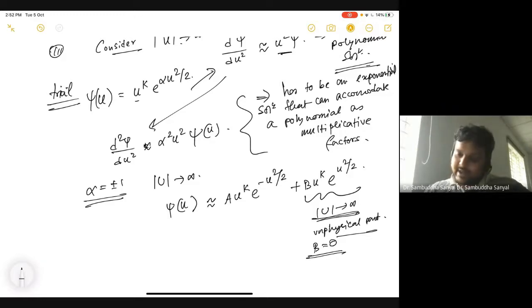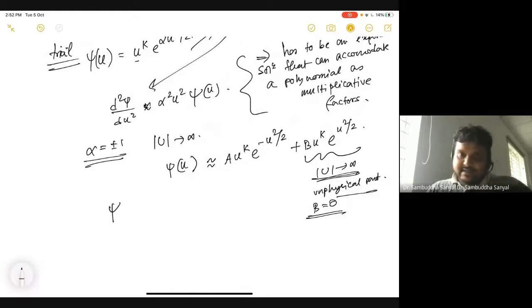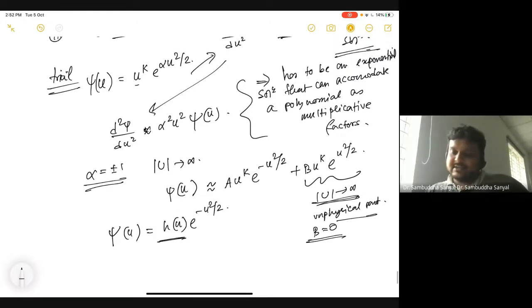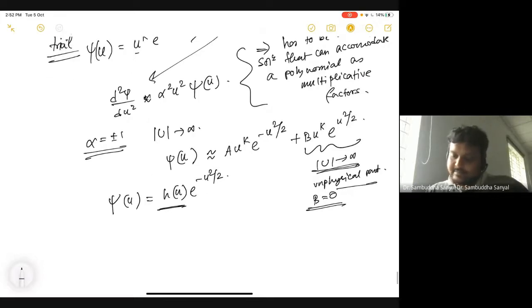So now what we have is psi(u), which we can rewrite as some h(u) e to the power minus u squared by 2. Now I will argue in two different ways why this h(u) must be a polynomial, but I argued it already, because this is the form which gives you the reasonable bound state solution. So one way to argue is this. It is any polynomial. I'll show you another way of arguing this.